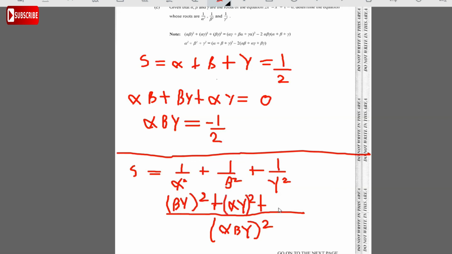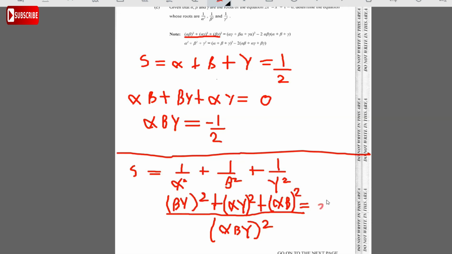So what that works out to be now is, this is the formula that they give us: alpha beta plus beta gamma plus gamma alpha all square.